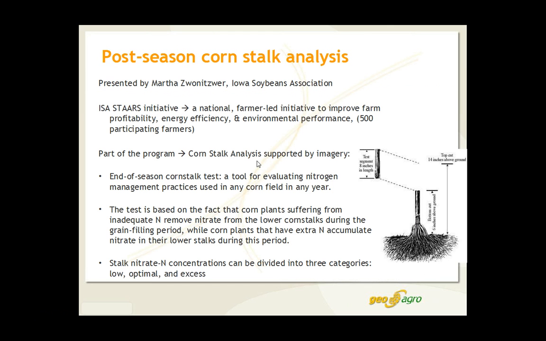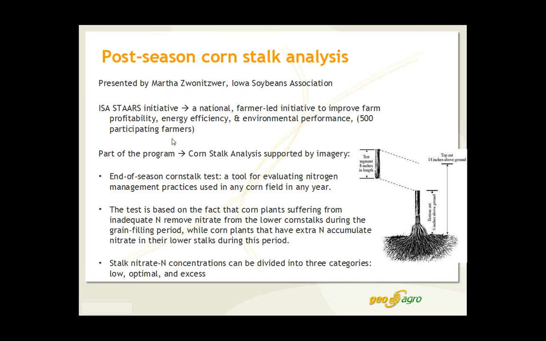This example was an old slide from another presentation, Martha Swonitzer from the Iowa Soybeans Association. We did a support job with about, I remember, around 50 fields, where they have an Iowa STARS initiative.